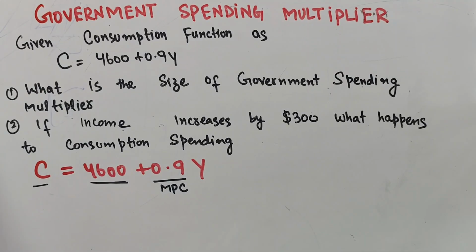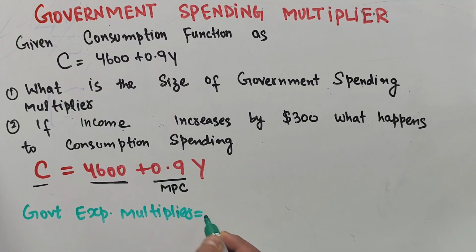Now the government expenditure multiplier, or spending multiplier, is given by 1 divided by 1 minus the marginal propensity to consume. This is the formula.